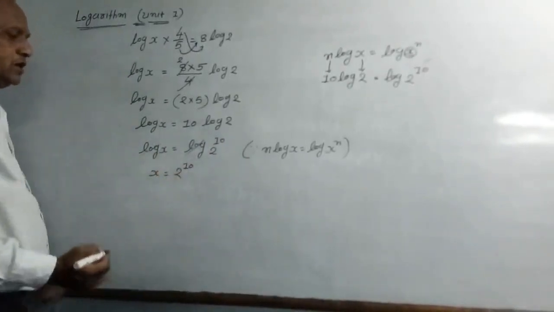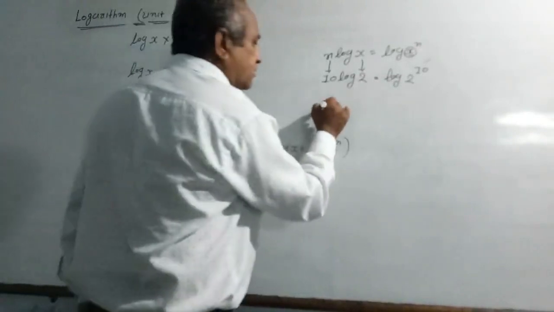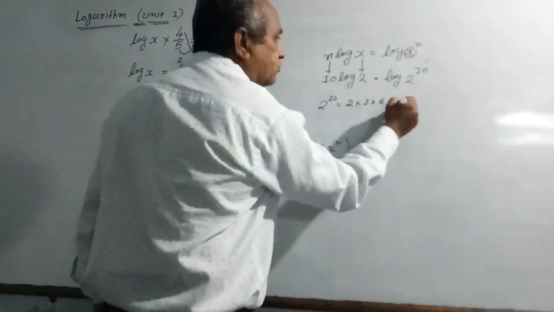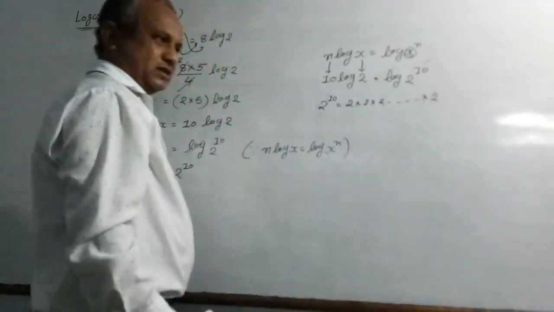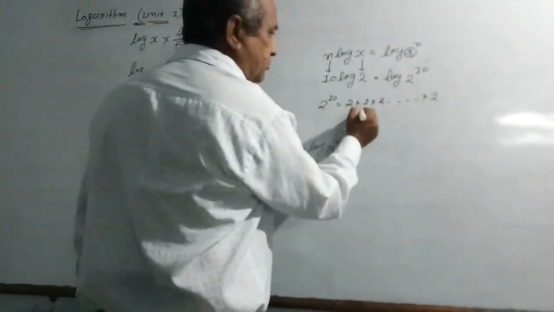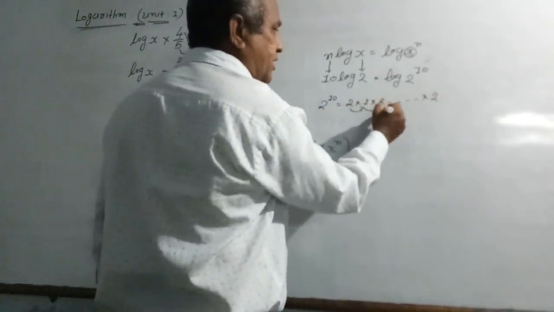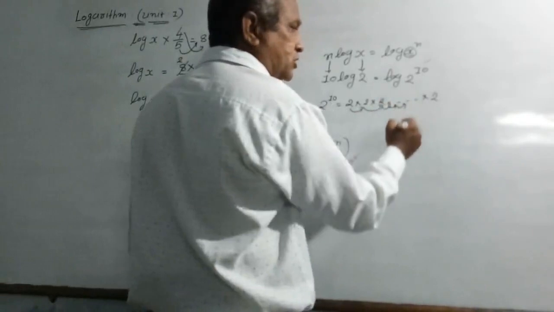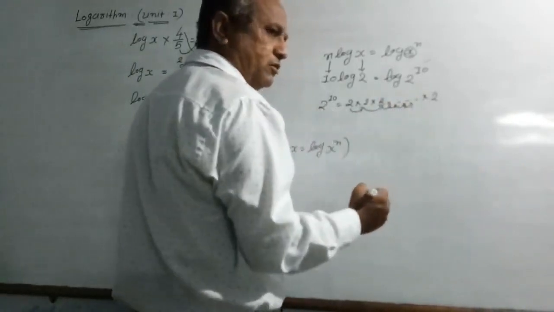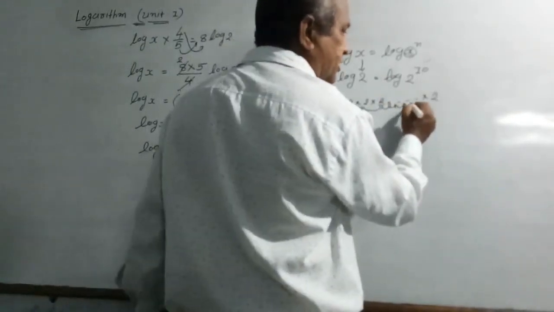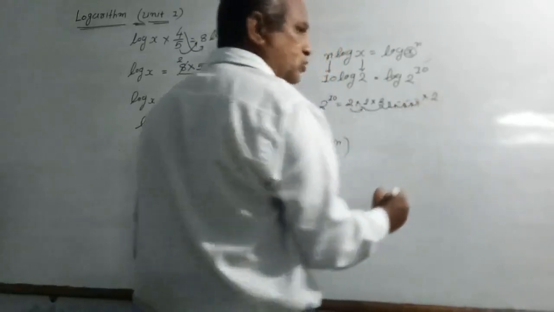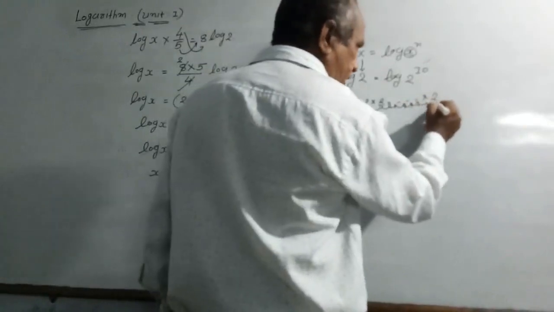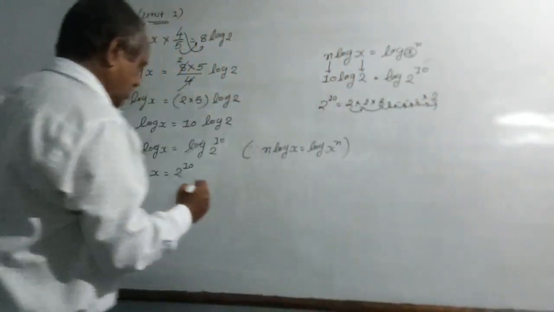Now 2 raised to 10 means 2 multiplied 10 times. 2 times 2 is 4, then 8, 16, 32, 64, 128, 256, 512, and 1024.